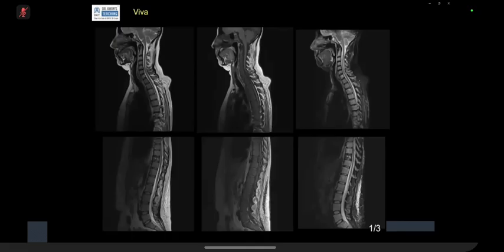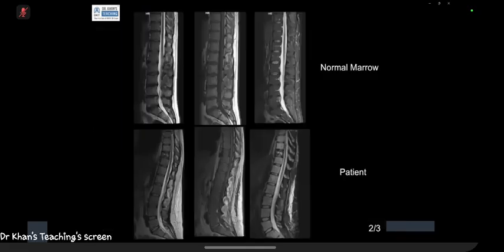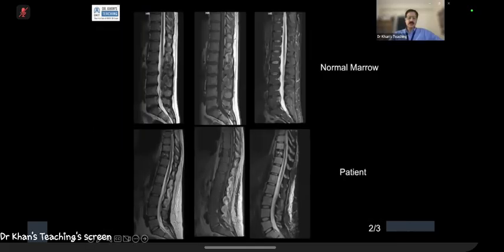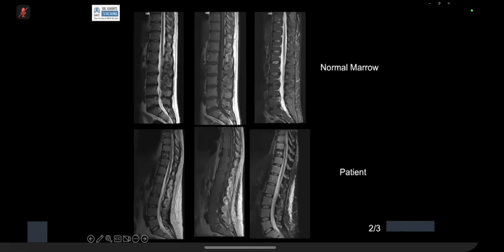On a T1 weighted sequence, one has to develop eyes. If you see here, this is a normal patient and this is the patient. Look at the intervertebral disc, look at the vertebra on a T1 weighted sequence. The candidate correctly pointed out that the normal is that the signal intensity of the intervertebral disc should not be lower than the vertebra.